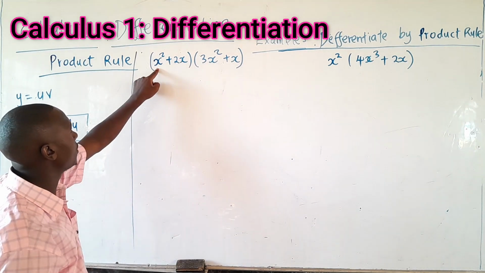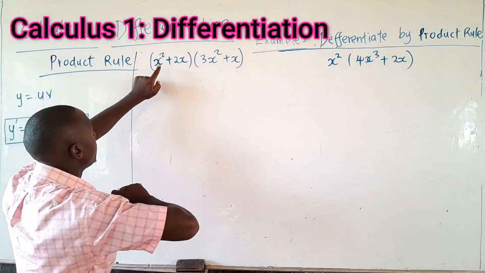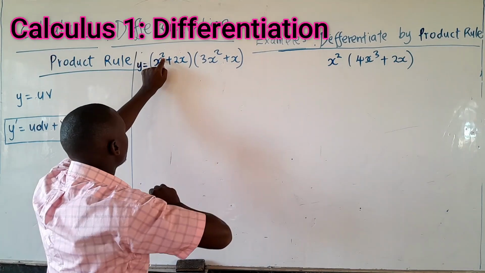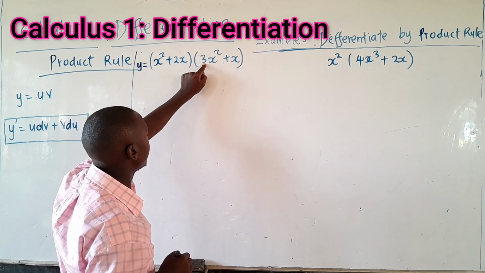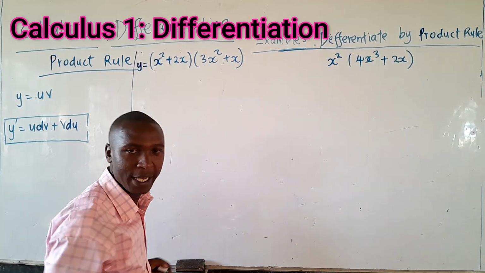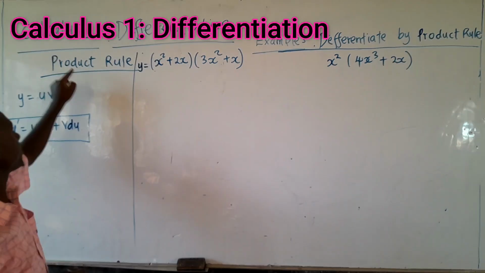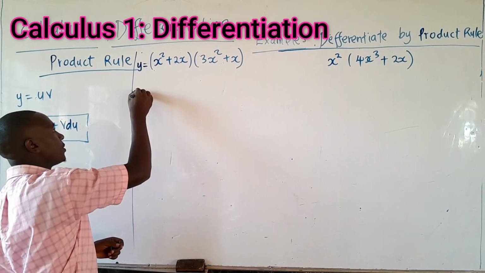You have a function, and of course this is a function of y. It's good you remember that. We have y equals x squared plus 2x, that's the first function, and the second function is 3x squared plus x. We are supposed to use the product rule to differentiate this function. So of course, it's going to be very easy.